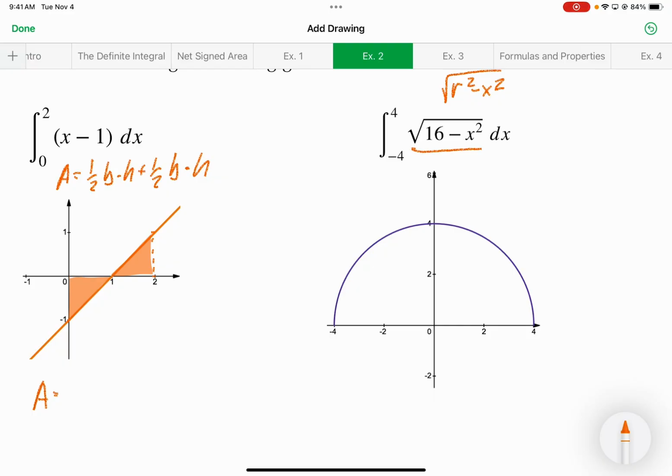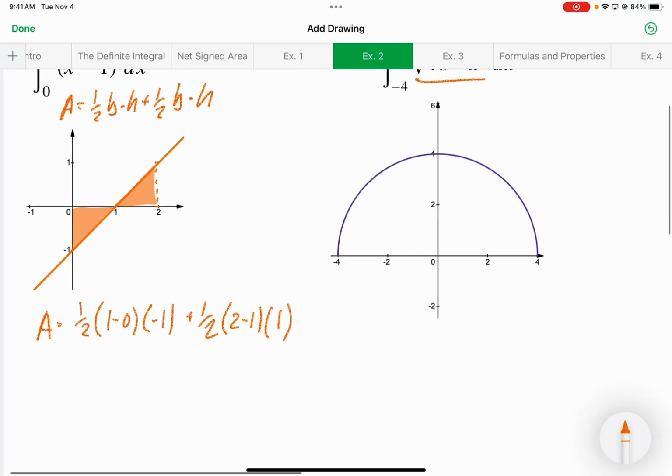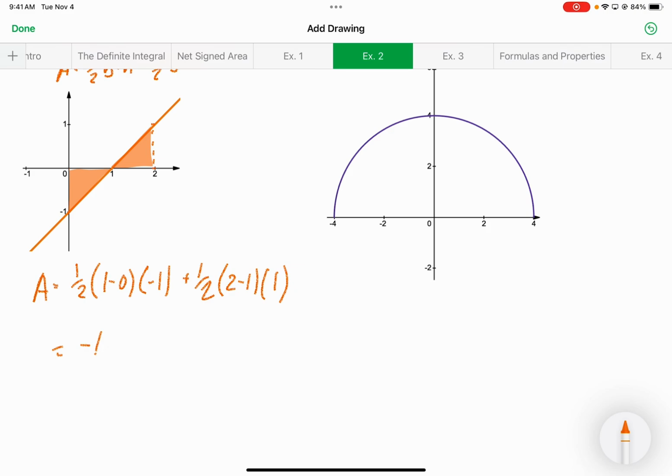Let's chase that through real quick. So 1/2 base of my first triangle is 1 minus 0, my height is -1, plus 1/2 base of my second triangle is 2 minus 1, times a height of +1. So -1/2 plus 1/2 is a net change of 0 units squared.